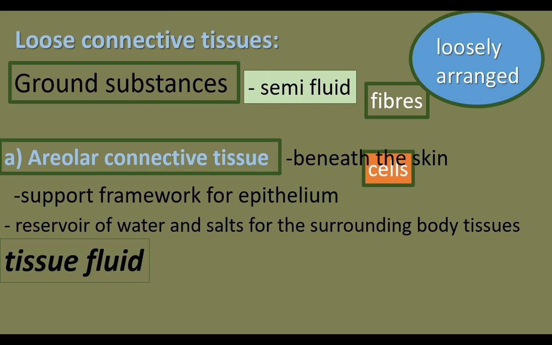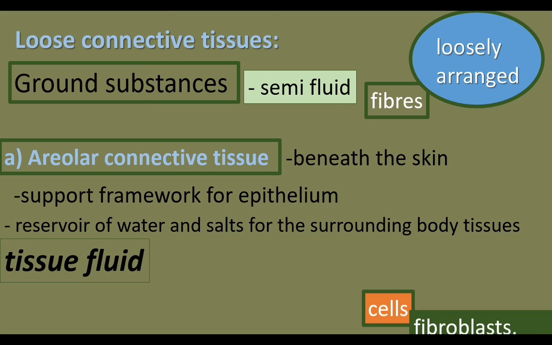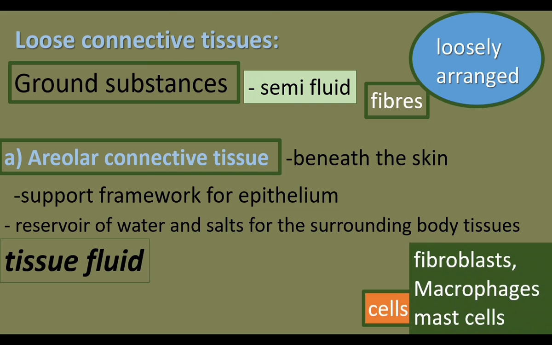The tissue fluid contains cells. The types of cells found in tissue fluid are fibroblasts, macrophages, and mast cells. Mast cells secrete chemicals for immunity. Macrophages are phagocytic cells. They engulf disease-causing organisms.